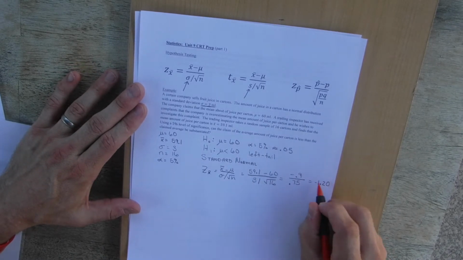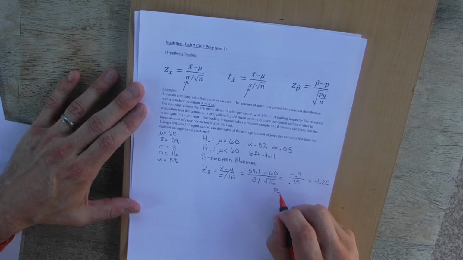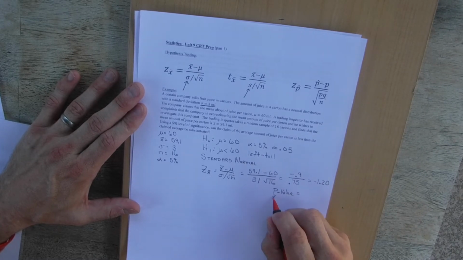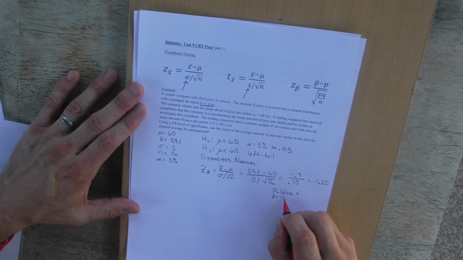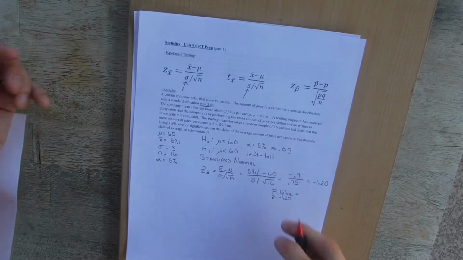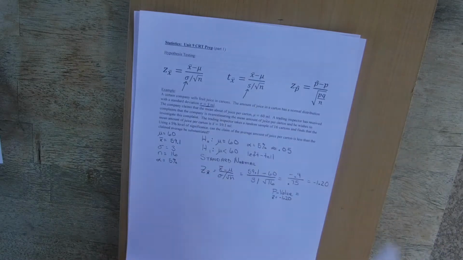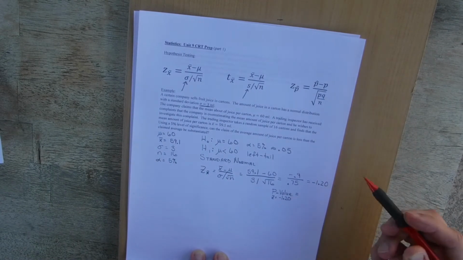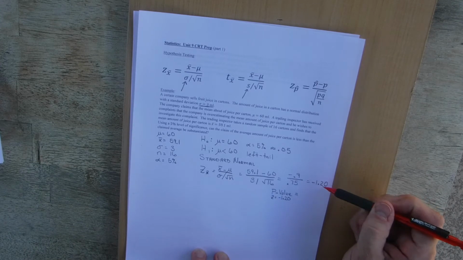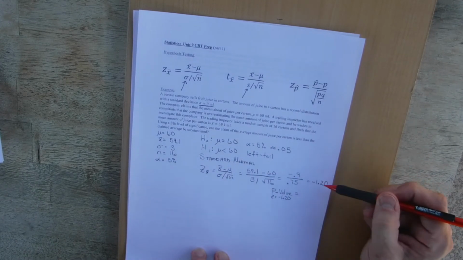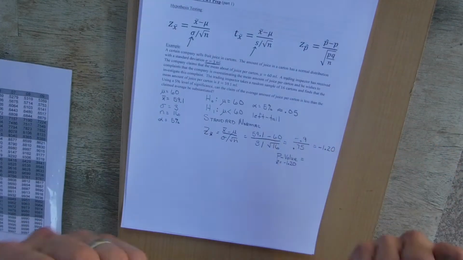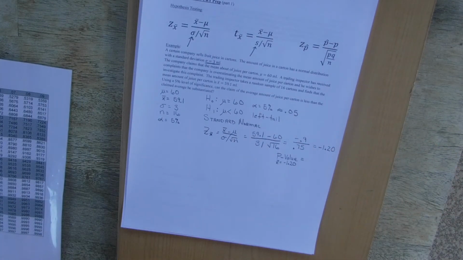Okay, we use this right now. We developed this thing called a p-value. And our p-value is built upon this z of negative 1.20. So we are using a z, so we need our z table. How we use the z table in this situation is we always look this up as a negative, because we are interested in the area to the outside.